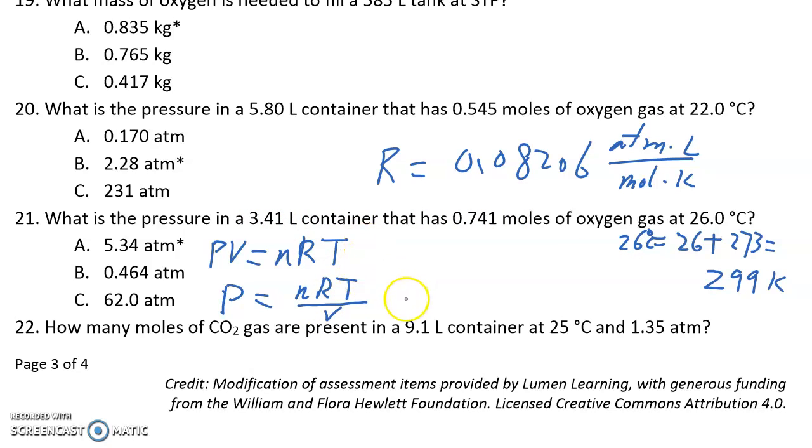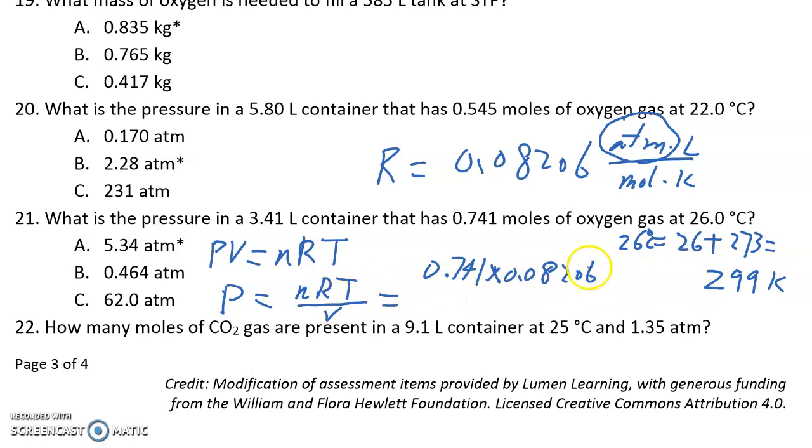Next, we just have to plug in everything. If we plug in the numbers with these units, the pressure will be in the unit of atmosphere, atm. n is the number of moles, that is 0.741 mole. R is this constant, so times 0.08206. I will leave the unit for now.